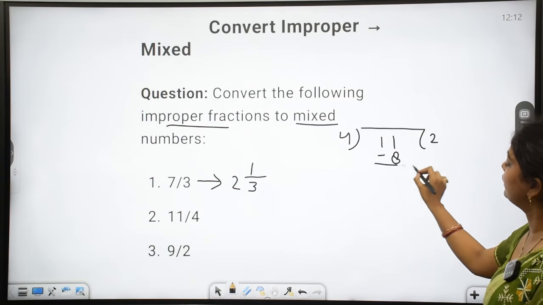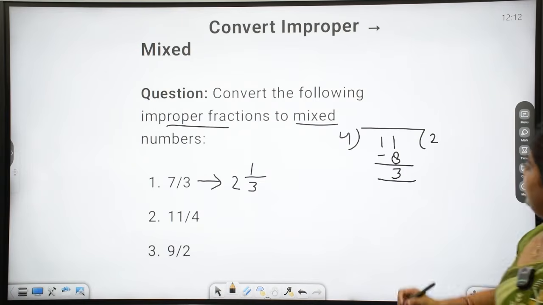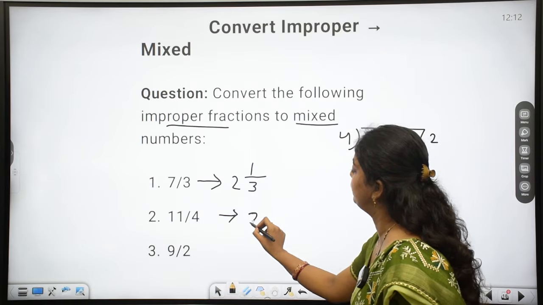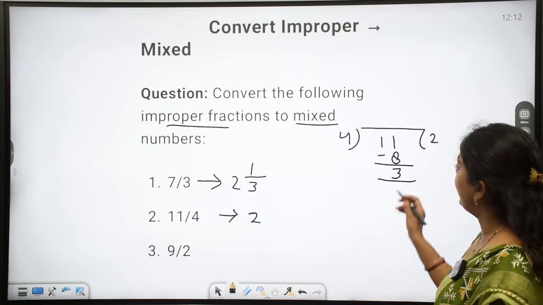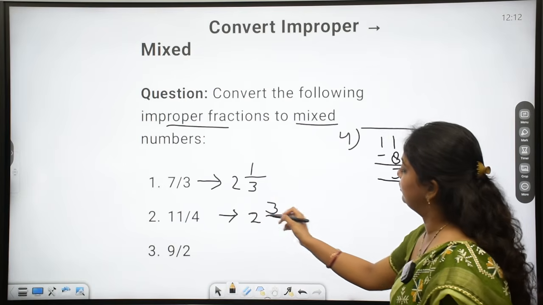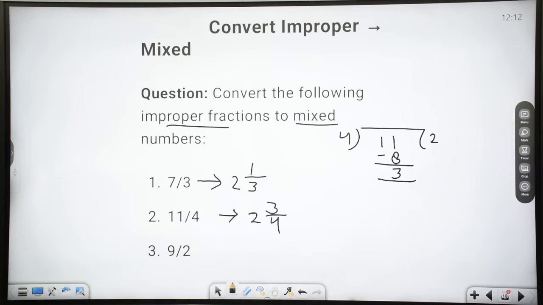When we subtract it, we will get 3. Again we take the quotient as a whole, that means 2 will be written as the whole, and the remainder is taken as the numerator and the denominator will be the same. So 2 whole 3 by 4 is our answer.